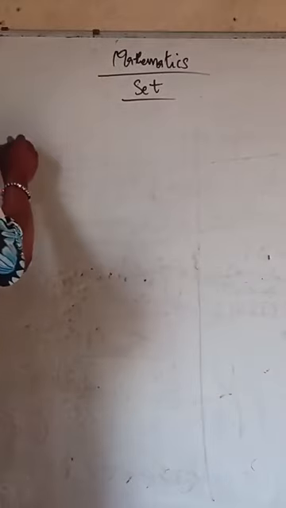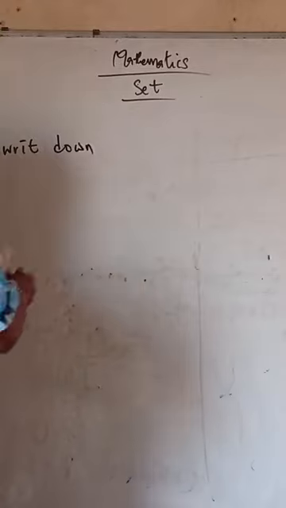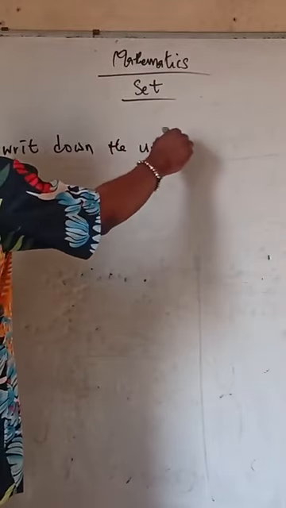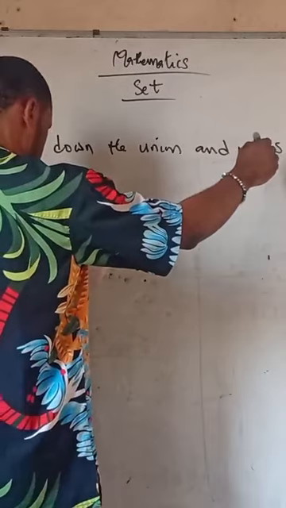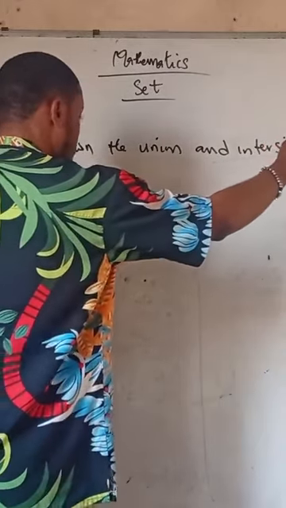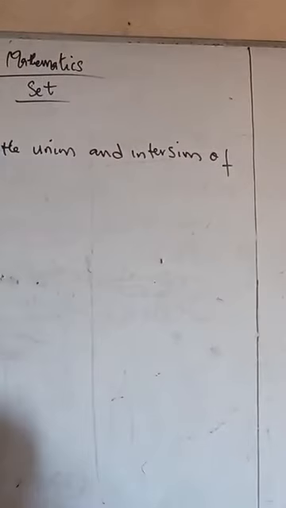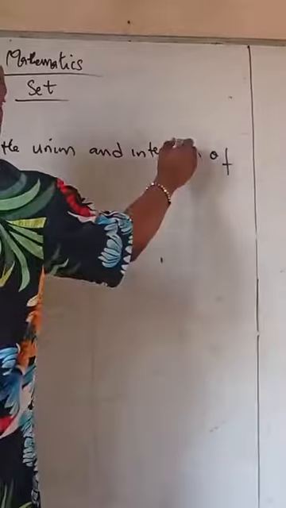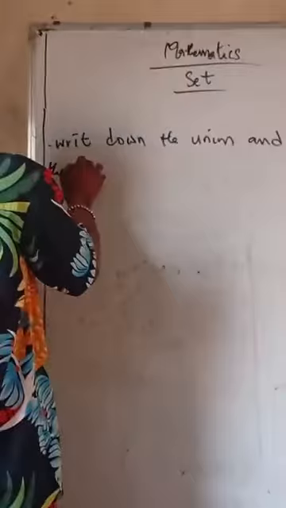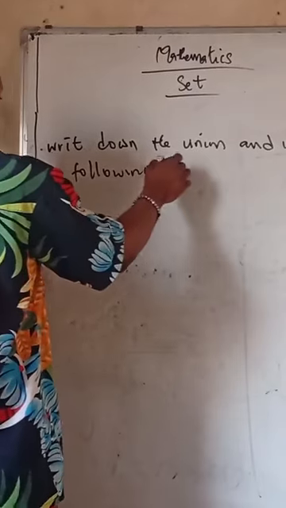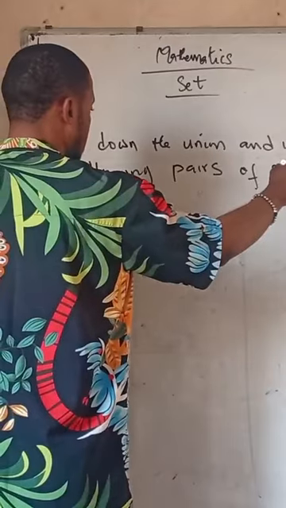The question says, write down the union and intersection of the following pairs of sets.